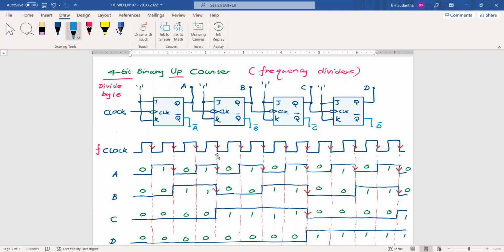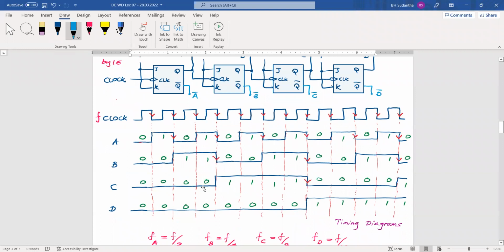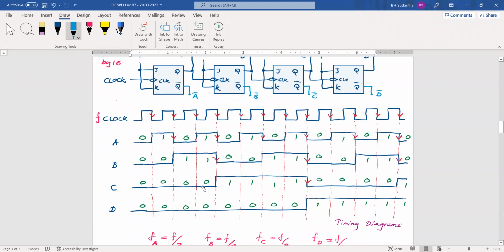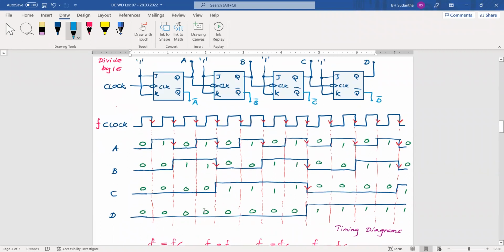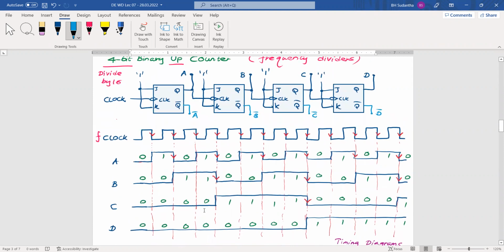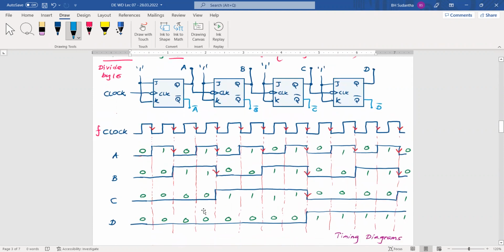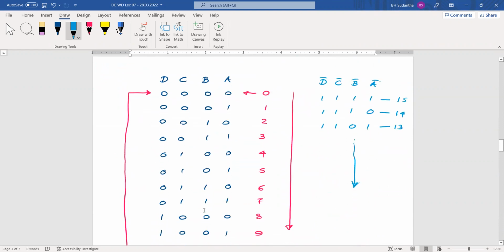That's why we use this DCBA order in the BCD to 7 segment decoder. Now you can connect this counter directly to your BCD to 7 segment decoder. Why? D is the most significant digit of the number. And A is the least significant digit of the number.